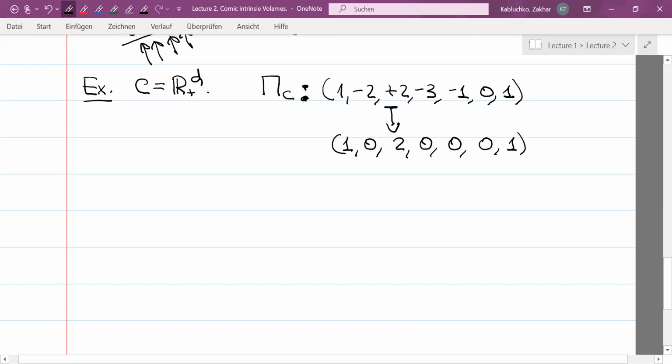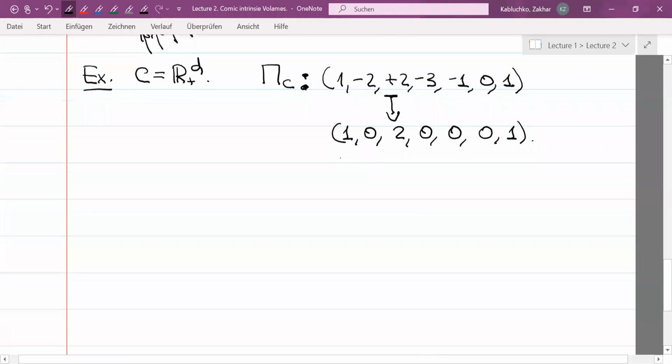And this point is in the relative interior of a face of what dimension? Recall that relative interior means it is in this face, but it is not in a face of smaller dimension. Okay, so I can consider the following face of the orthant. I can consider the face in which the coordinates at these 3 places are arbitrary, non-negative, of course, and the other coordinates are fixed to 0.